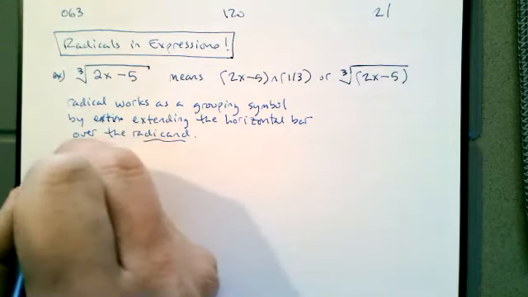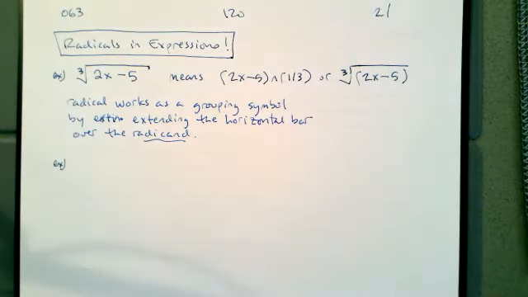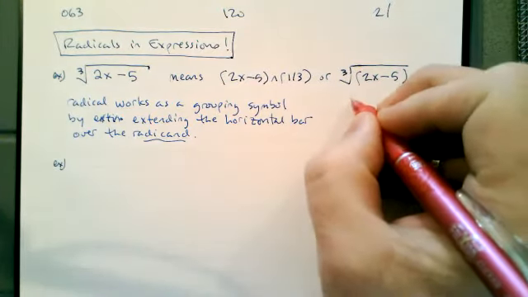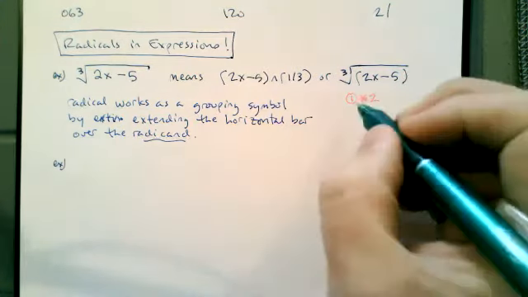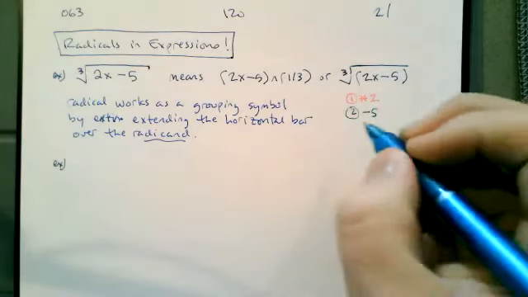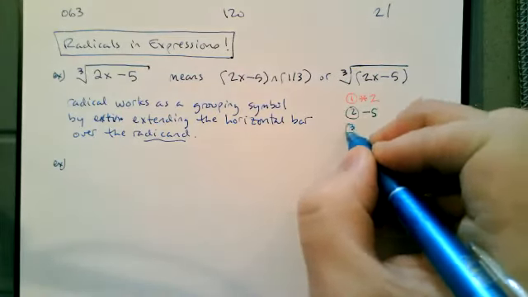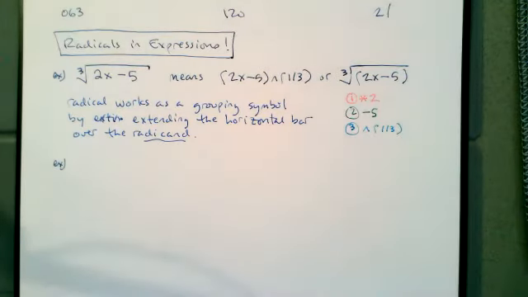Because we want to make sure that when we read this, we see that the order of things to do is first, we're going to multiply by 2, then second, we're going to subtract 5, and then third, we'll raise to the 1/3 power, or do a cube root.